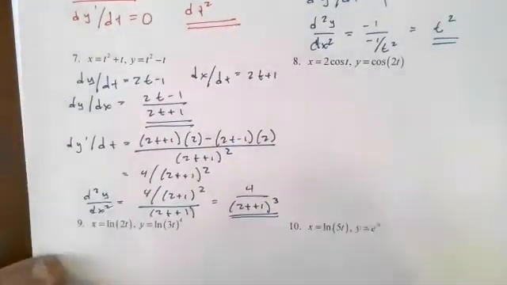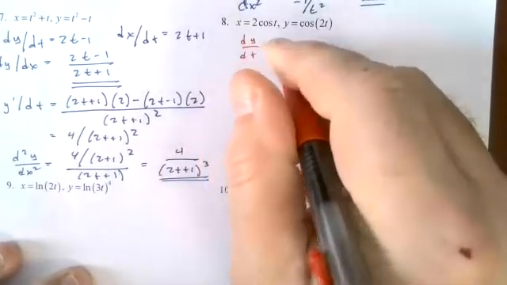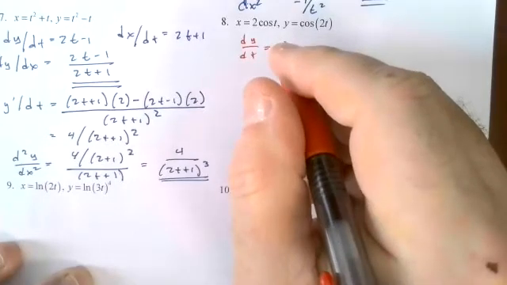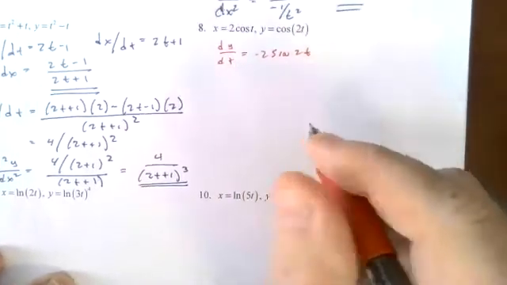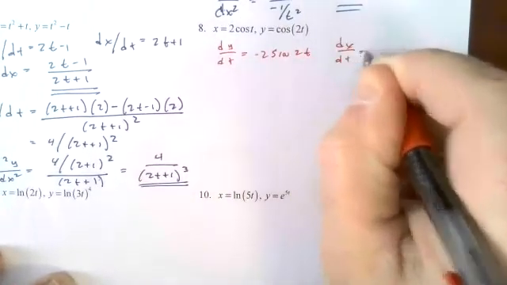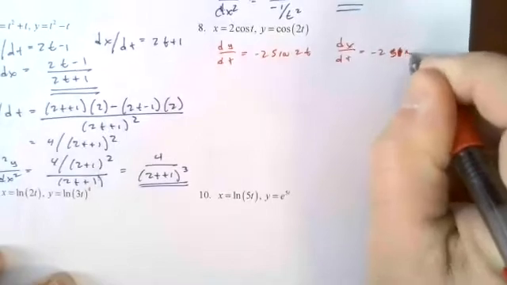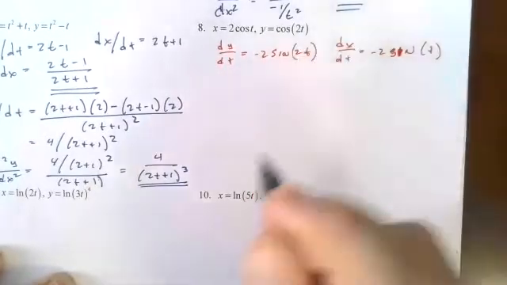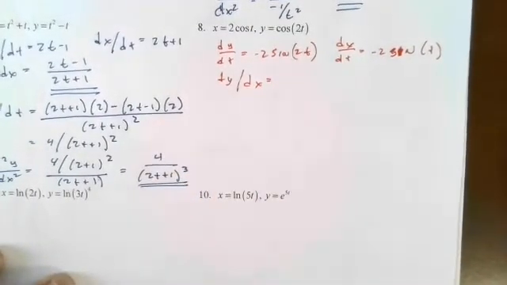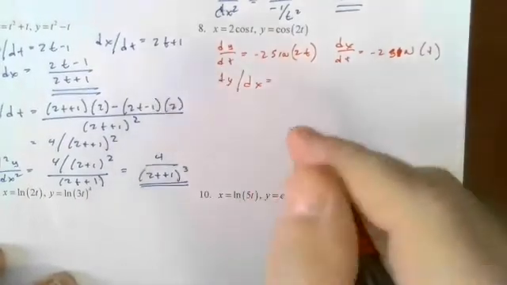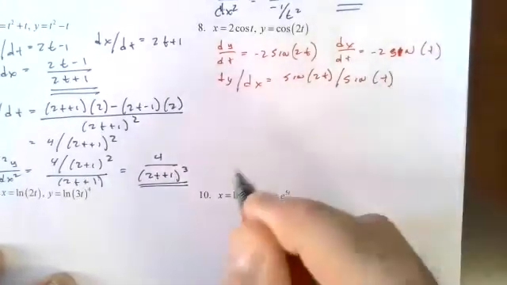These next three problems are similar in that there's just a lot of math going on. dy/dt equals -2 sine of 2t. dx/dt equals -2 cosine of t. dy/dx equals, negatives cancel, 2's cancel, sine of 2t over sine of t.